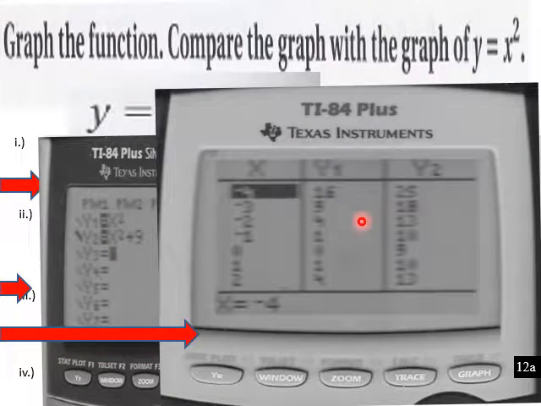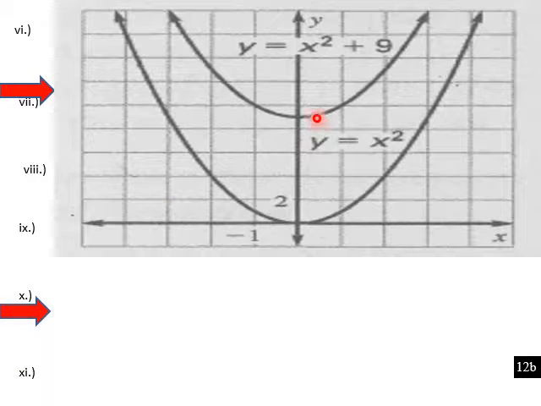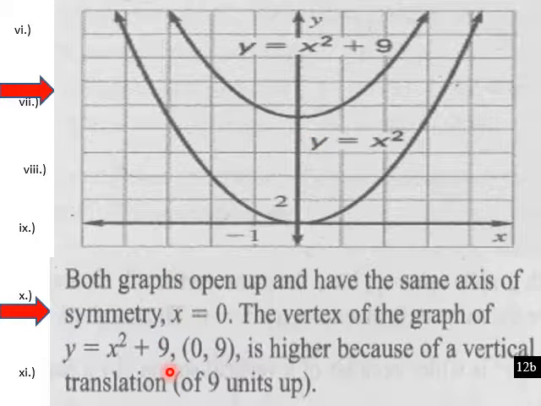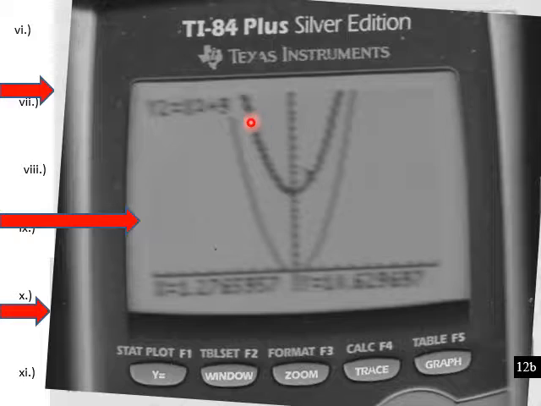Here are the tables of your two parabolas. And then here is a graph of it. Y equals x squared plus 9, because of the vertical translation, 9 units up. And here is how it looks on a calculator.